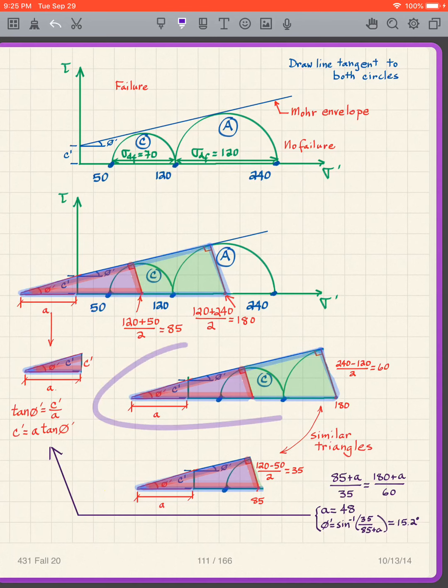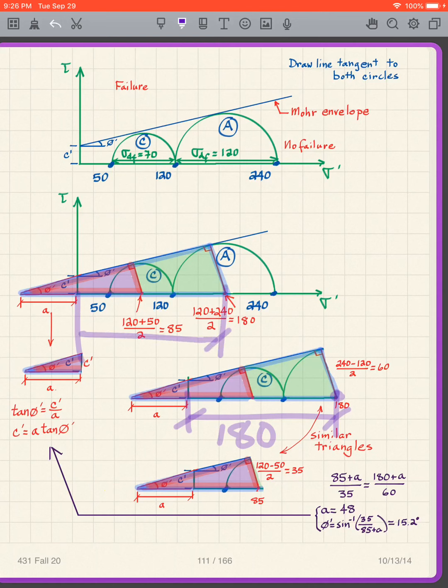And so I'm going to look down here, and start to fill in what I know. Well, I know the radius of the circle. The diameter is 120, so the radius is 60. You can look through that and figure it out. I know that that value is 180. That means this distance here is 180.